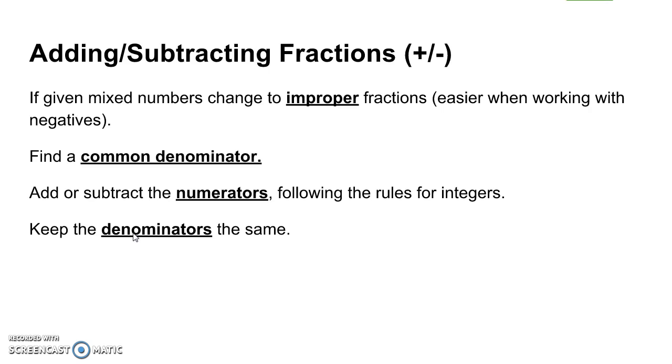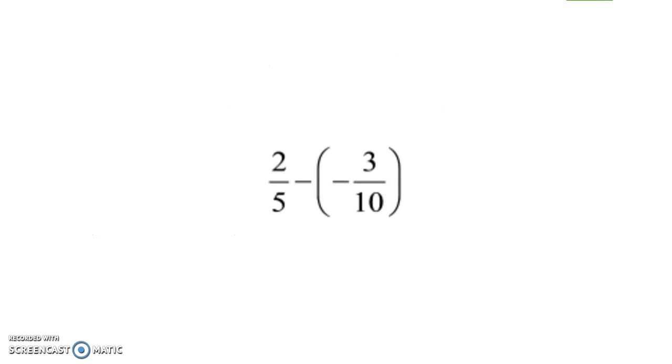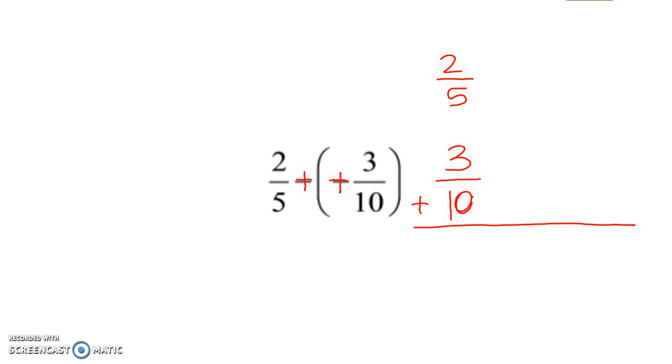I want you to do this one with me in your notes. Okay, 2/5 minus negative 3/10. Remember what happens when we have minus and negative? We say plus positive. Then I come over here. I like to work out my fractions problems vertically, up and down. So my next step, I know I'm adding here because it was minus negative, plus. I have to get a common denominator.